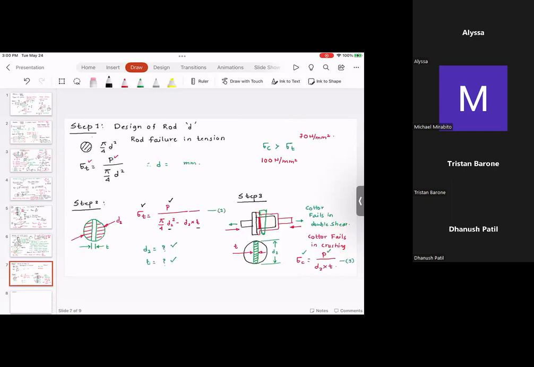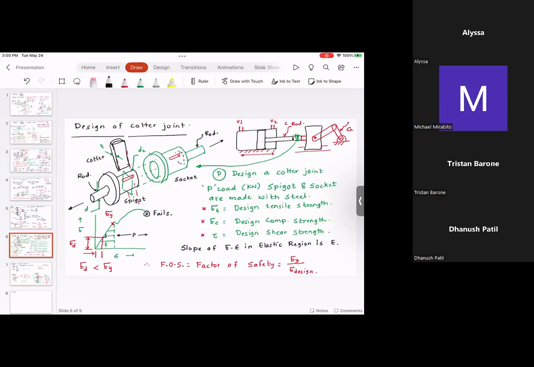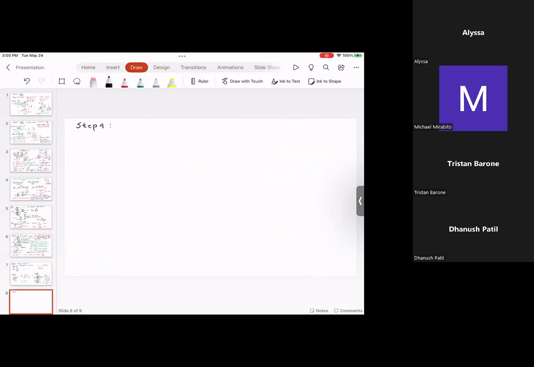So now we are going to look at design of socket. So this guy is socket. So think about the failure which is happening here. Think about the failure that is happening here.